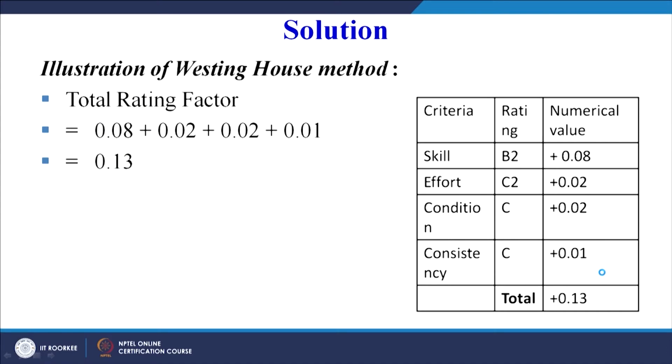The numerical values are already given from the table. So skill, the rating is B2, effort C2, condition C, and consistency C. So the numerical values are given here. So the total is plus 0.13, and if you remember in the previous session, session number 40, we have seen that there are negative values also, and may I go back again and show some of the negative values.